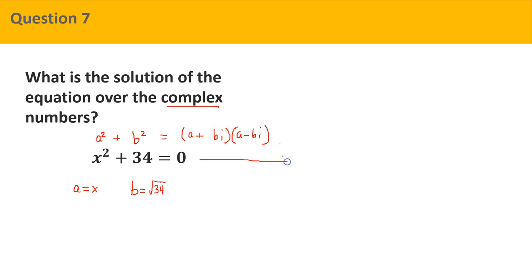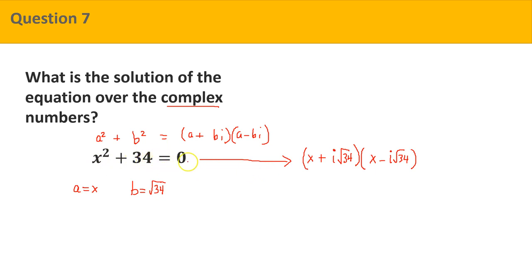So we're going to rewrite this as a, which is x, plus b, which is the square root of 34, and then we'll have i as well. We usually put the i on the left side of the square root, so we'll say i square root of 34. Close the parentheses, x minus i square root of 34. Okay, so these two sets of parentheses are replacing x squared plus 34.